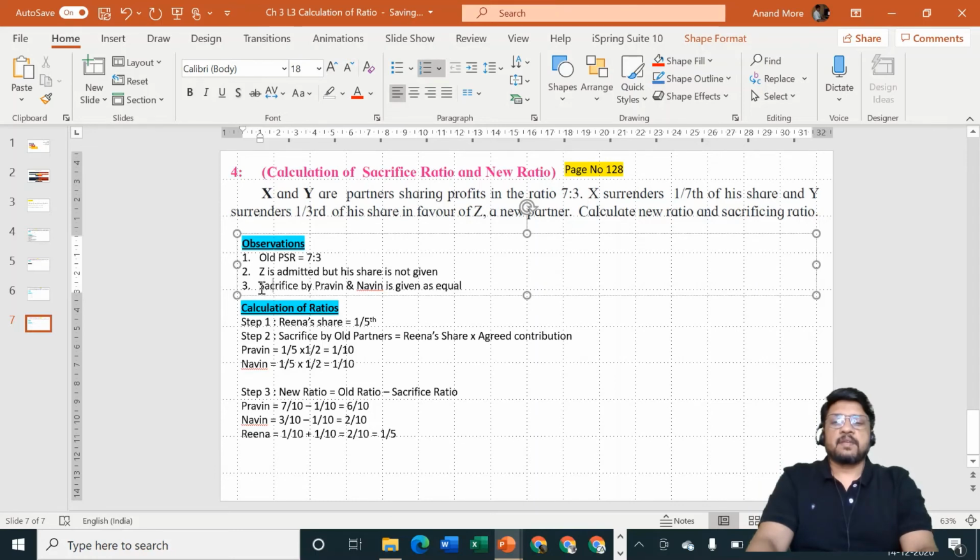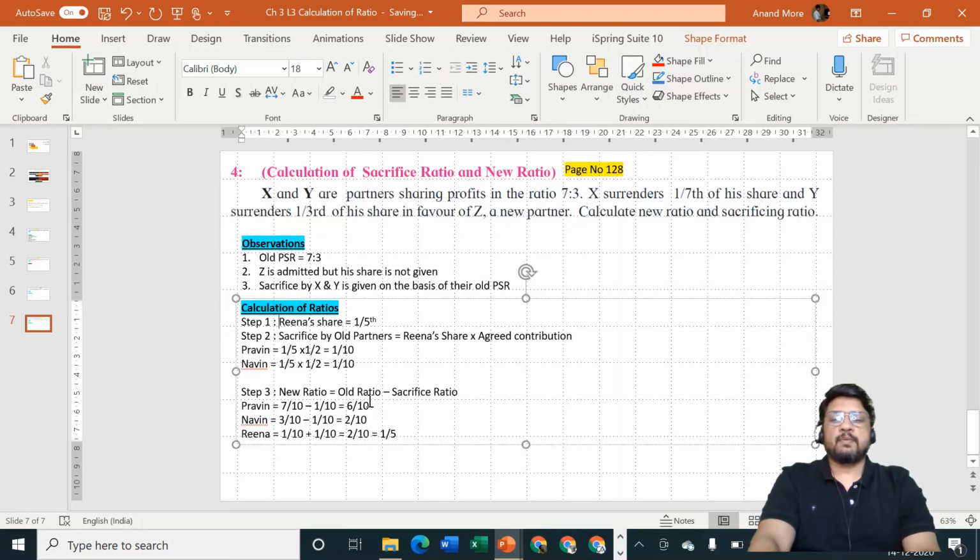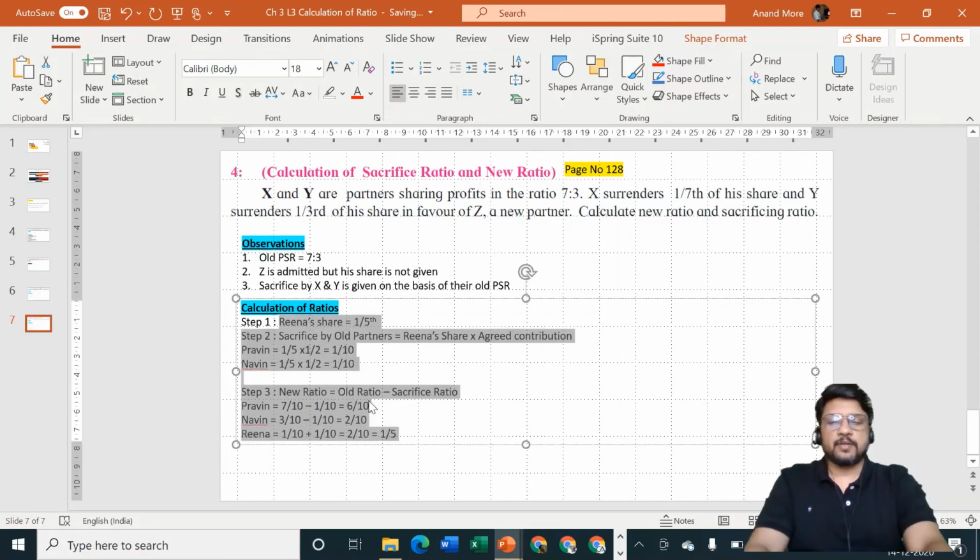Next, sacrifice by X and Y is given on the basis of their old PSR. So calculation of ratio, step number 1, old ratio, sorry for that.